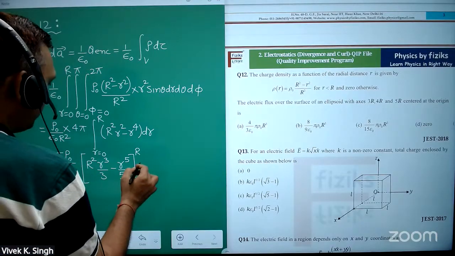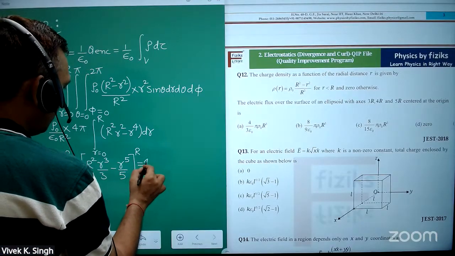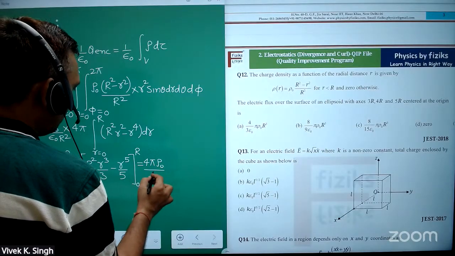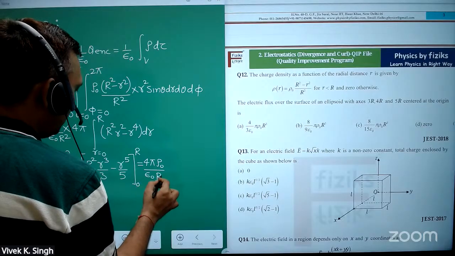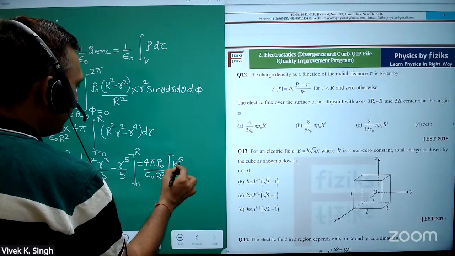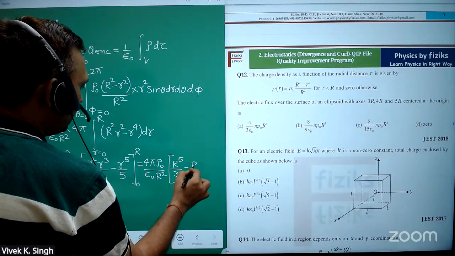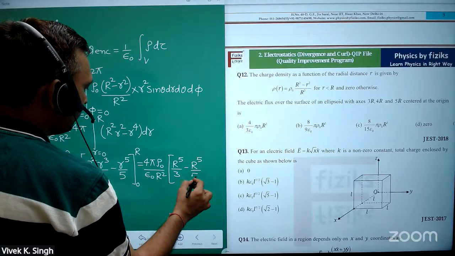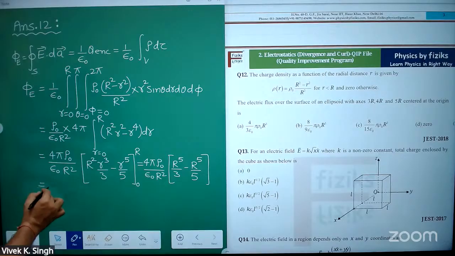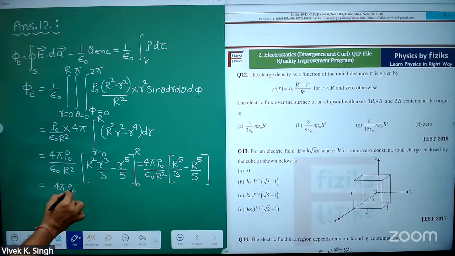Now you should calculate it. 4 pi rho naught by epsilon naught R square times (R power 5 by 3 minus R power 5 by 5). And this will give you 4 pi rho naught by epsilon naught R square.